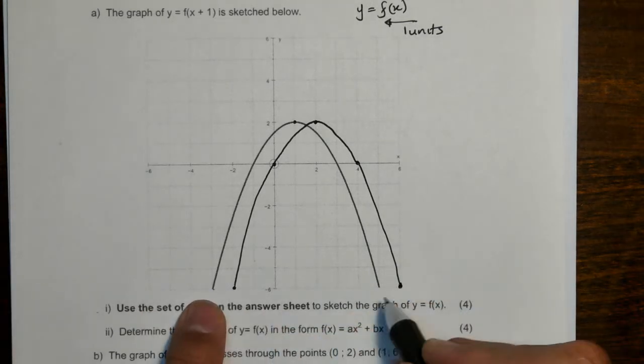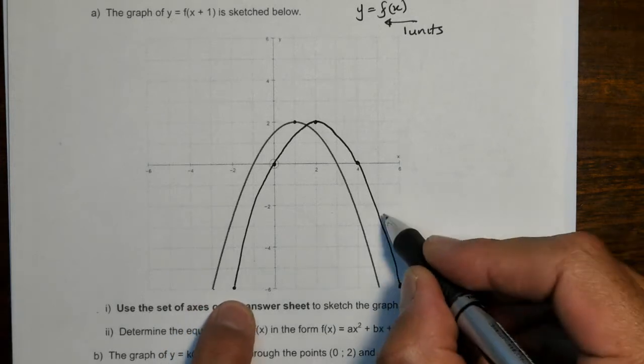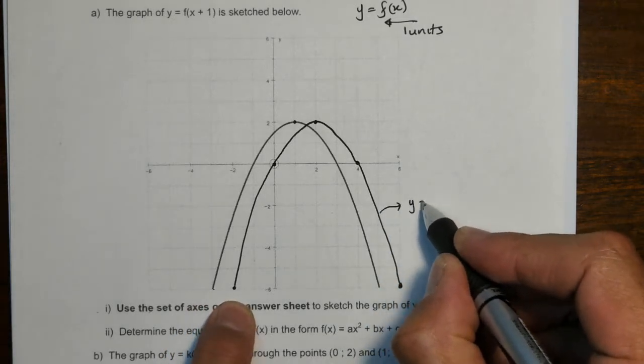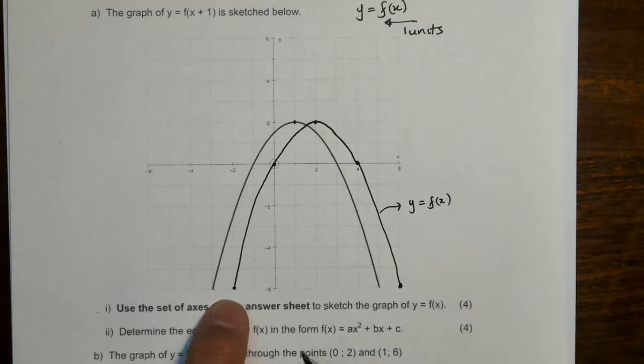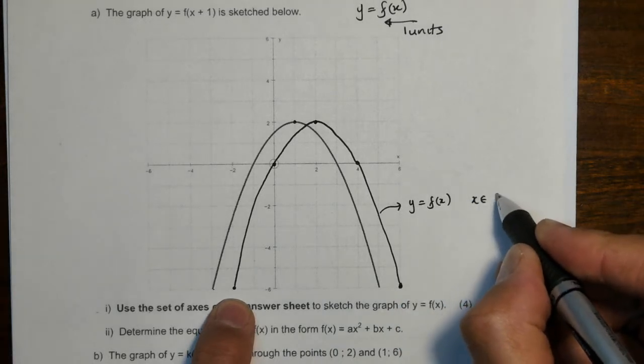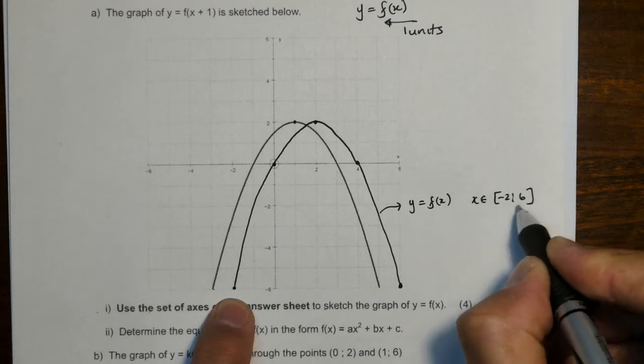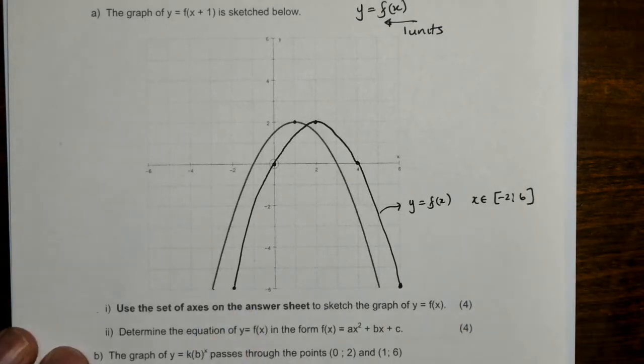There's no arrow points on the side. So your original graph here was y is equal to f of x, and it's sketched between -2 and 6. So x is an element from -2 to 6, square brackets because it includes the 2 of them. Okay, that is for a beautiful 4 marks.